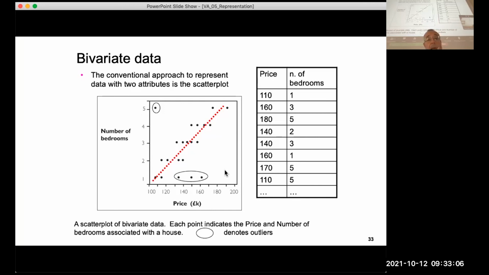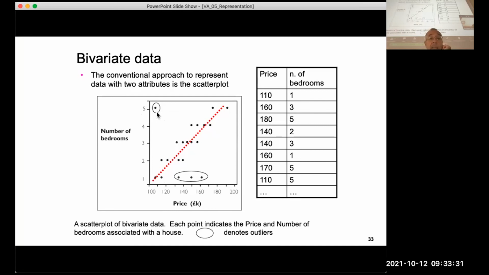But you have some outliers. Here there is a very cheap house with a lot of bedrooms. Maybe it's a little hotel, someone that took a house and split it into several rooms for sleeping, or there is something wrong in the data.